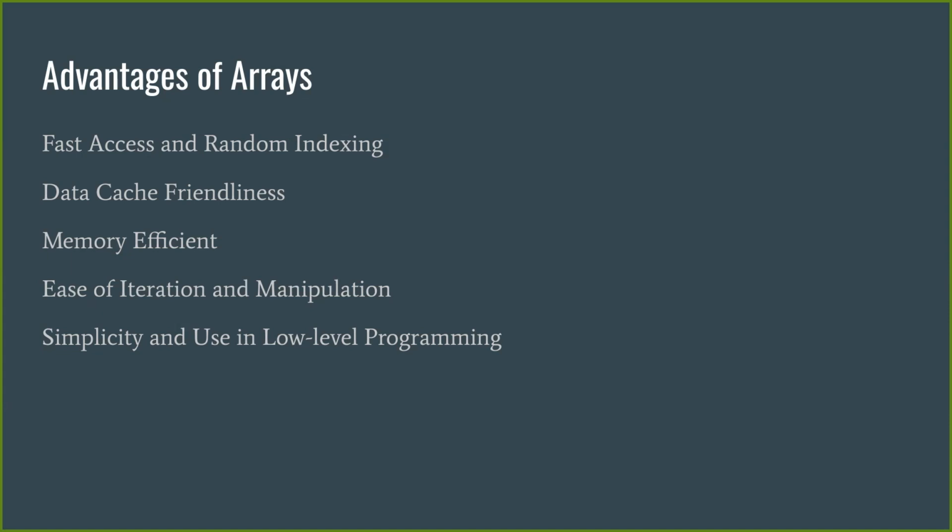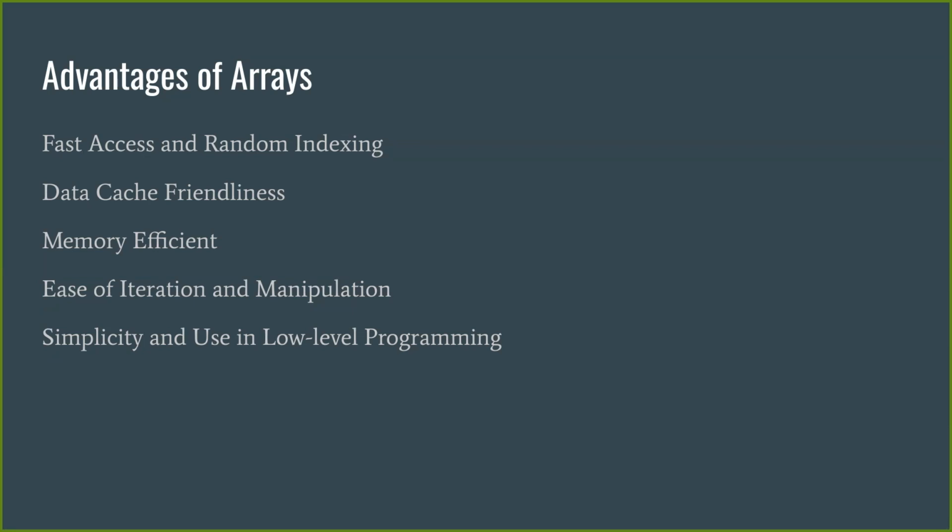cache. And memory efficiency. Arrays, unlike other data structures, don't use extra memory to store any metadata about the size of the structure or provide connections between elements, which will be talked about when we talk about other data structures such as linked lists.